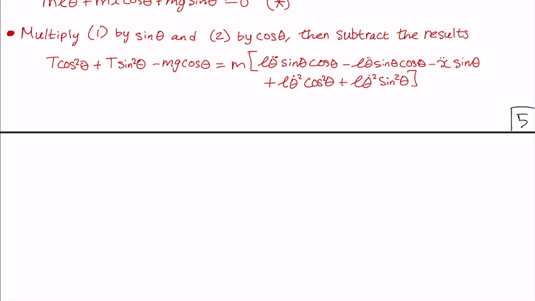Okay, we can go ahead and simplify further here. The first term here just becomes tension. On the right hand side, we can cross out the two theta double dot terms, and then the last two terms we can combine into L theta dot squared.